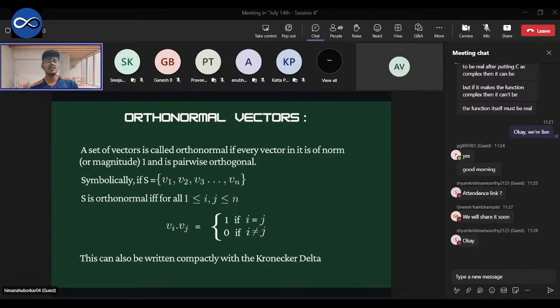So v2 will be perpendicular to v1, v3, v4, and so on till vn. So v2 dot v3 will be 0. And this is nothing but the Kronecker delta. It's something that you can remember if you want to. But you get what the point is, right? So if there are any doubts, you can just ask in the meet.